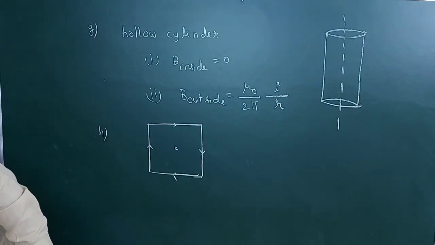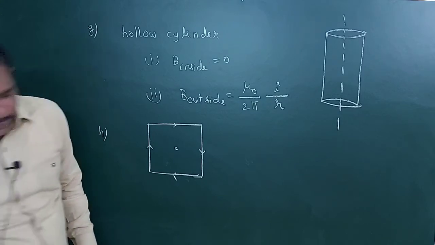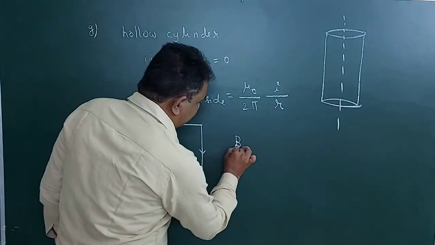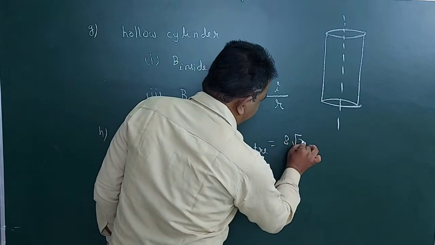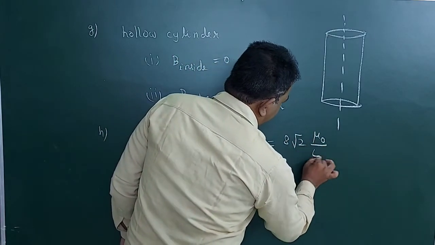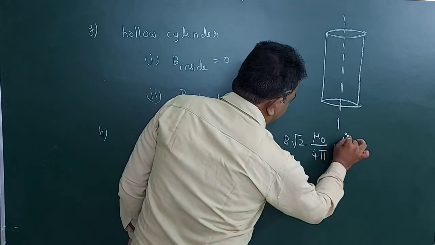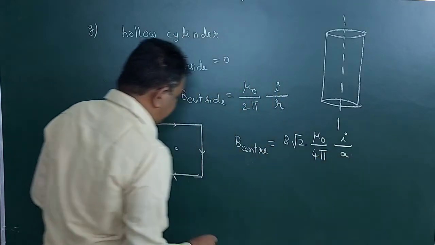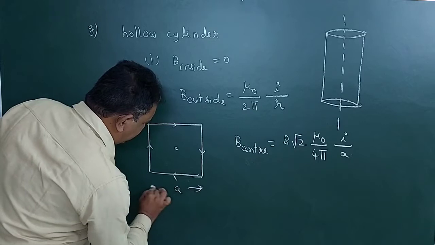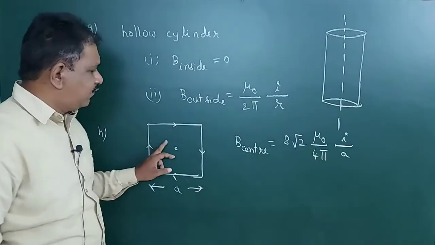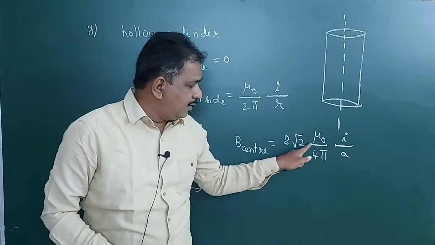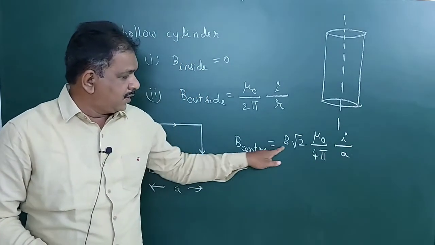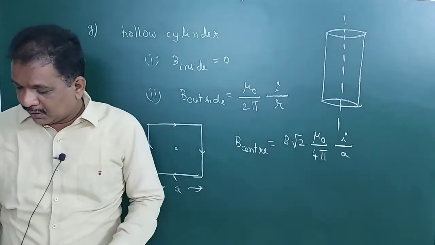So for this, B center is equal to 8 root 2 mu naught by 4 pi I by A. A will be the side of that square. This mu naught by 4 pi I by A, you remember, 8 root 2 will come here.